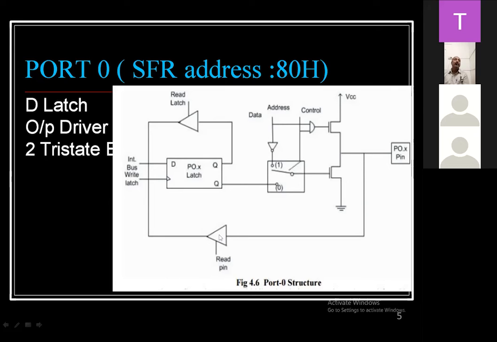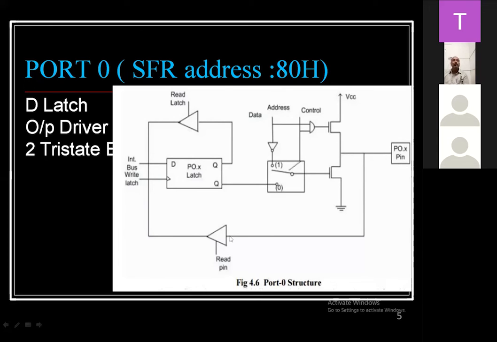Whenever it passes from input to output, some delay or some controlling logic should be there. It should not just pass as a short circuit. At that time this buffer is used. Sometimes it is used as a current limiter or to increase the current. For that purpose also this buffer is used.